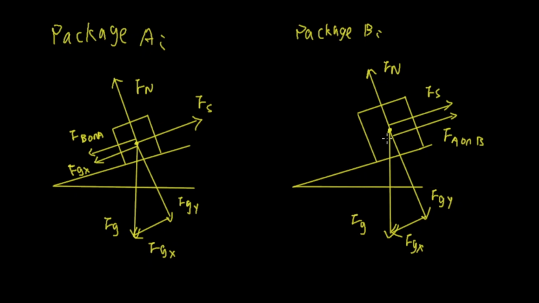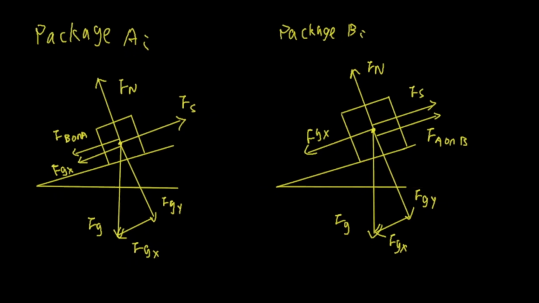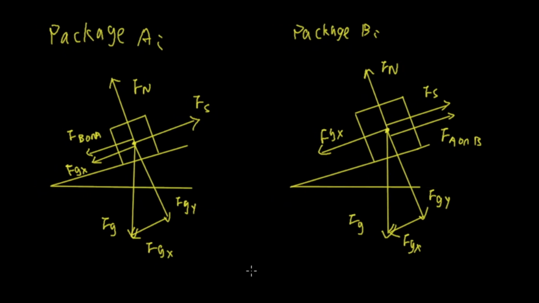Of course, there's gravity pulling downward, down this way, which is the F sub gx. Now, as you can see, these are the forces acting on both package A and B.